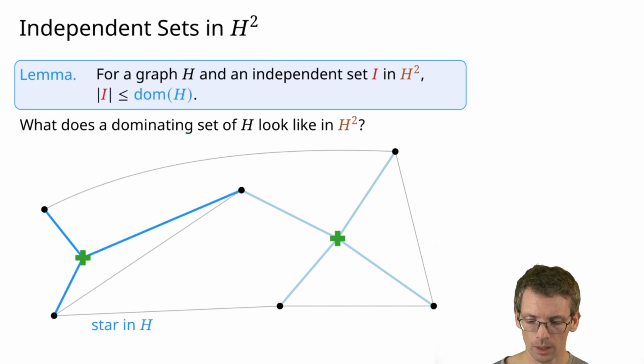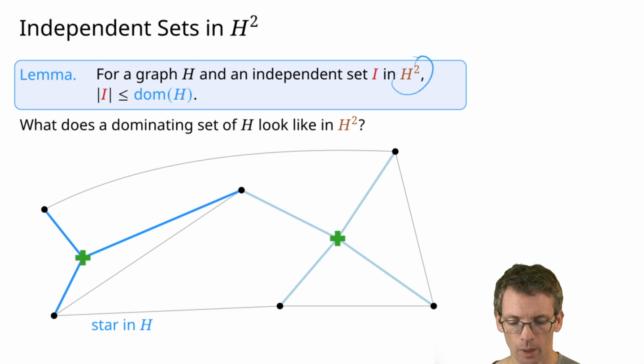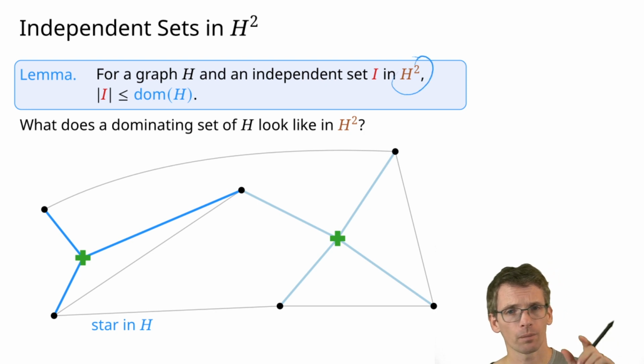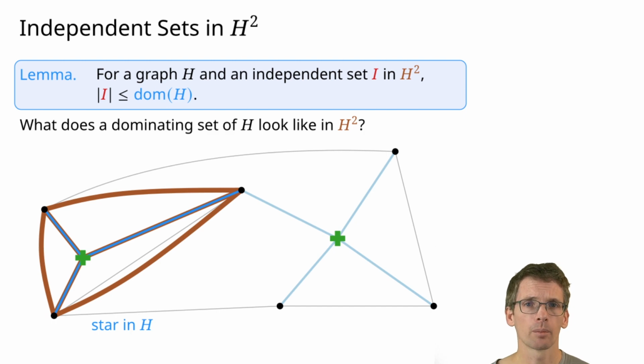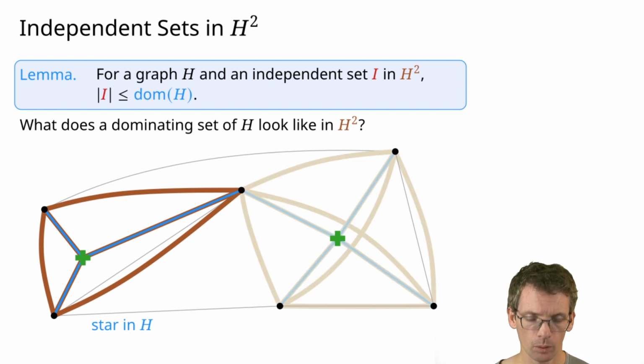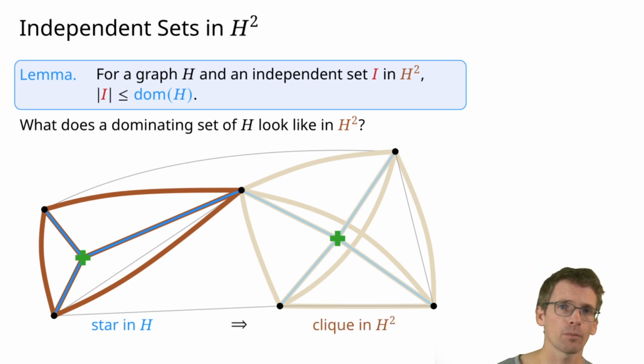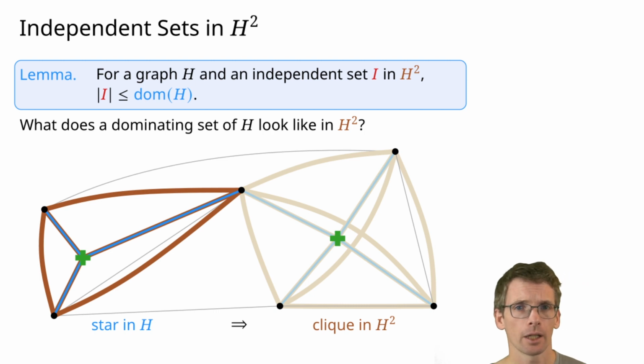But this means that in the square, where I have an edge whenever the distance is at most 2, the star will be a clique. So I will have on these vertices of a star a complete graph. This is true for this star, and this is also true for that star. So a star in H will give me a clique in H squared.